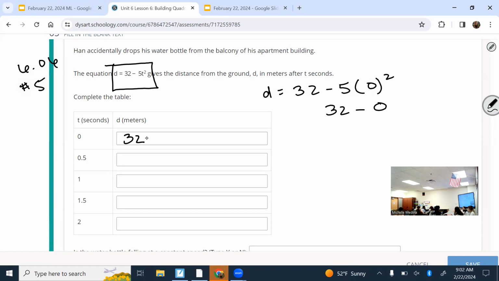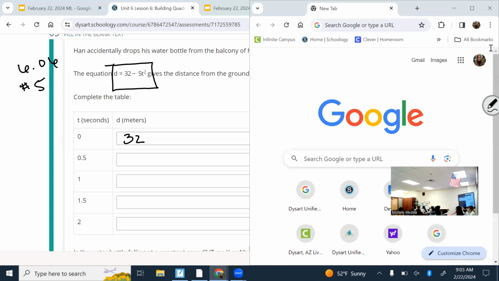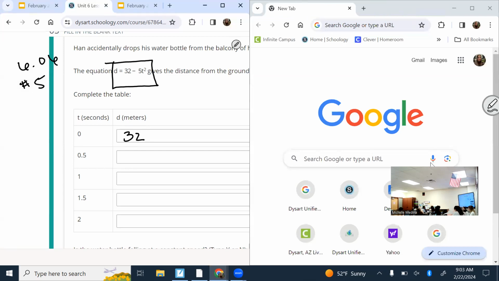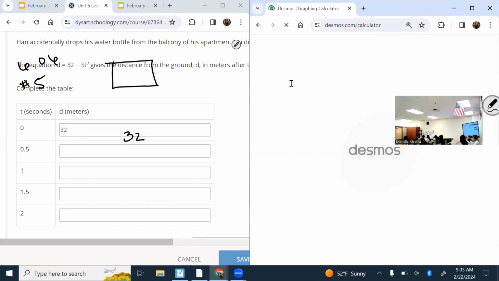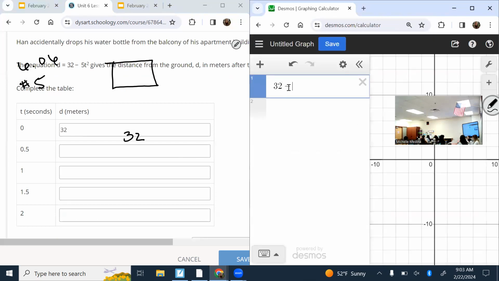So, whatever, you have an equation and plug it in. I'm gonna plug in the rest to save myself the trouble, but you do have a table of values on your test that you'll need to do. So just take the given equation and plug in. Okay, so 32 minus 5 times 0.5 squared, that's how I would enter it all at once.